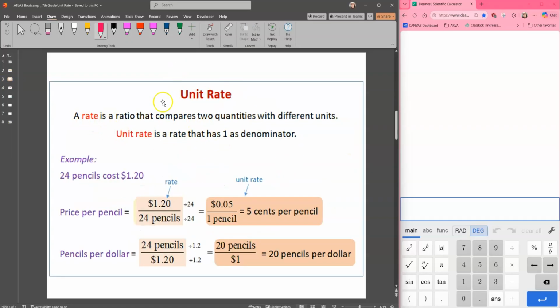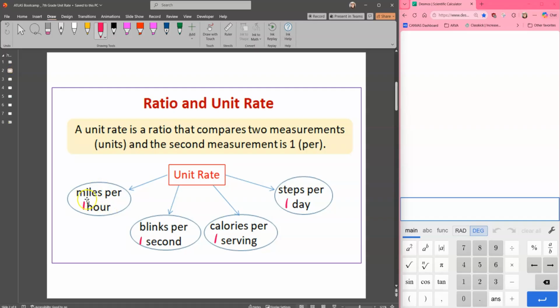So we just talked about how a ratio is something that compares two quantities with different units, but that a unit rate is a special ratio because it has a 1 as a denominator. You'll see it written like this a lot, miles per hour. It means the second, this would be your denominator. So you could write these as fractions: miles per 1 hour, blinks per 1 second.